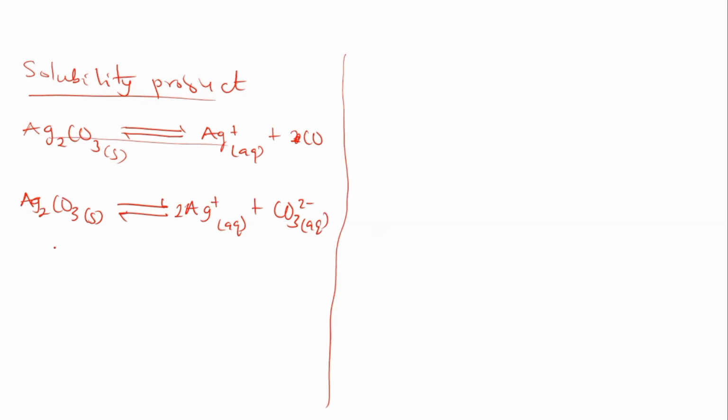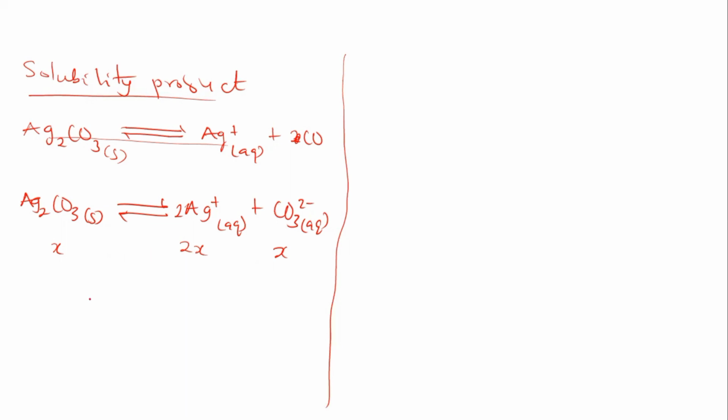Now, if X is the solubility, this one is going to be 2X, and this one is going to be X, okay? If X amount of this one dissolves, are you getting in? I don't want you to be confused. If you have 10 grams of this one, let X be the amount of it that dissolved, okay? And when it gets to this place, this 2 is going to multiply it. So it's going to be 2x here, and here it's going to be 1x.